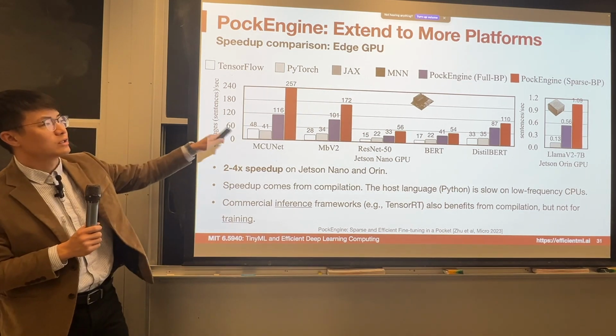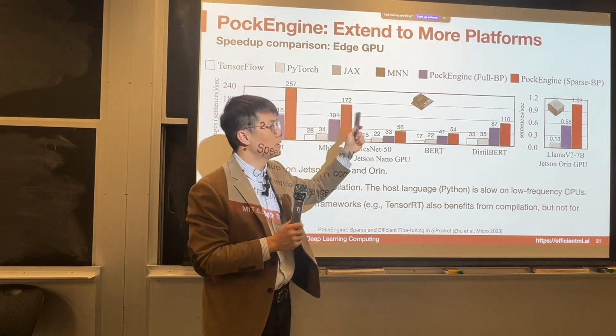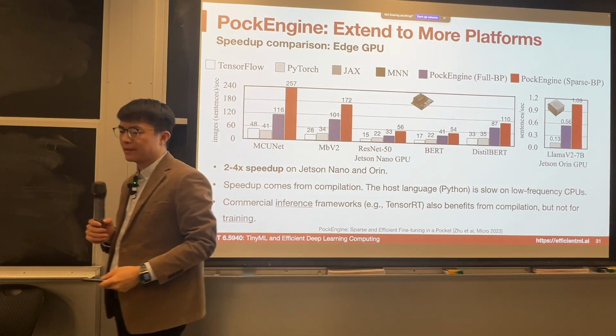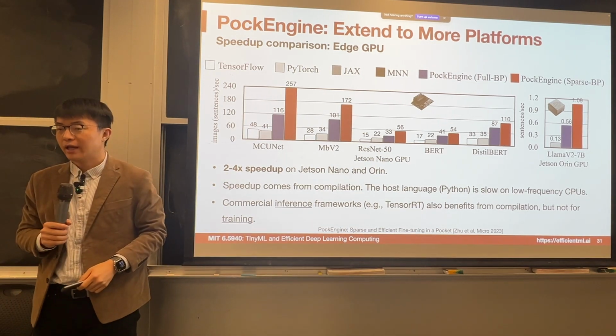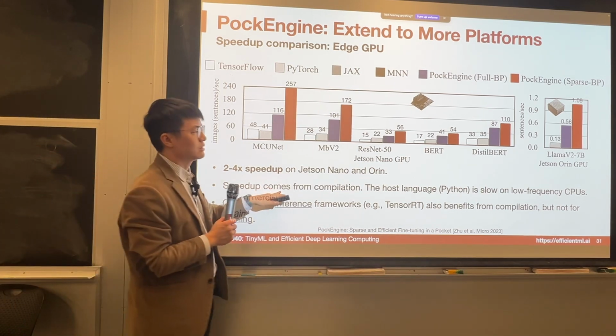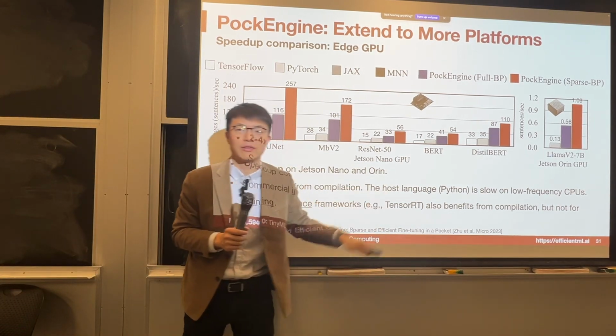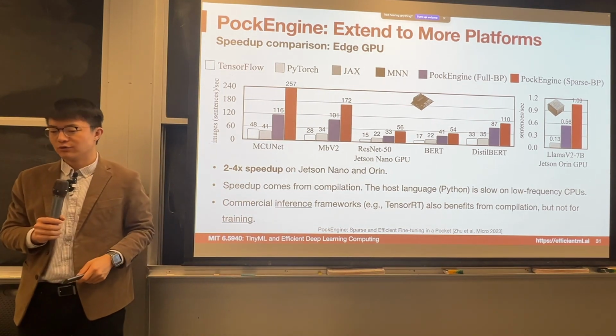So this is the result on the mobile GPU, the Jetson Nano, and also the Jetson Orin. So we get about 2 to 4x speedup on Jetson Nano and also the Jetson Orin. The speedup comes from compilation. Okay, the host language, the Python, is pretty slow on these edge low-frequency CPUs.